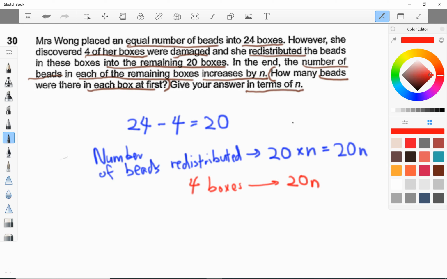So since the question is asking us for one box, this will mean that our answer is actually 20n divided by 4, giving us just 5n.